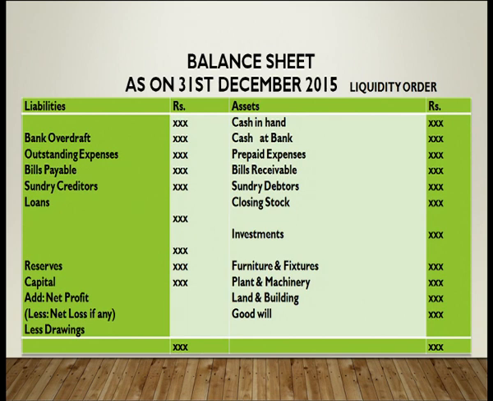Your outstanding expenses, expenses which have not been cleared, payments which are still due and have to be cleared within this accounting period, become your outstanding expenses. Bills payable, sundry creditors, all these are your short term obligations to be paid within one accounting period, usually 1 year. Your short term loans, then we have the non-current liabilities, the long-term liabilities.